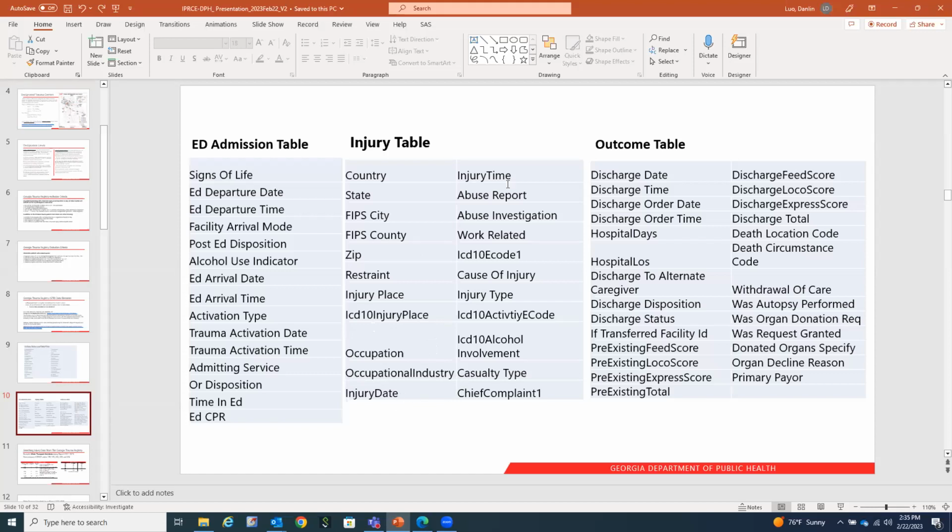And injury date, time, abuse report, and also work related, and cause of the injury type, activity E-code, and alcohol involvement, and chief complaint.